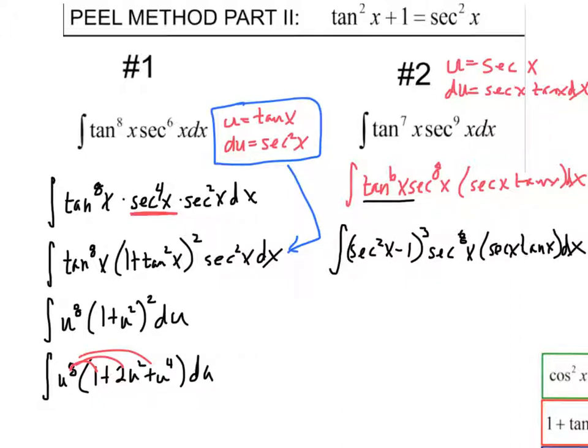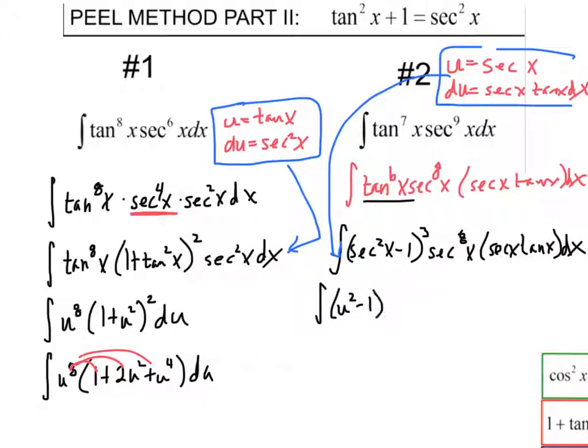Okay, so now I use my substitution that I had up here. Okay, now I bring that down. So my integral becomes u squared minus 1 cubed times u to the eighth du.